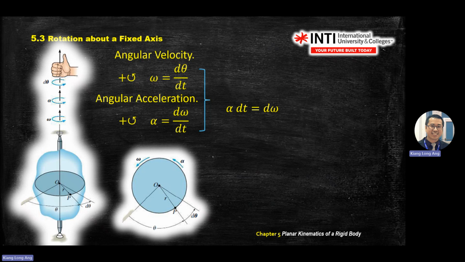It's the same like what you see over there. So at the end, you see alpha d theta equal to omega d omega.